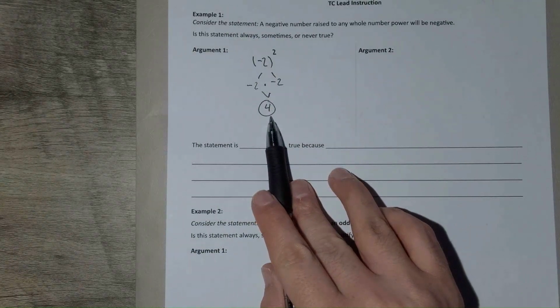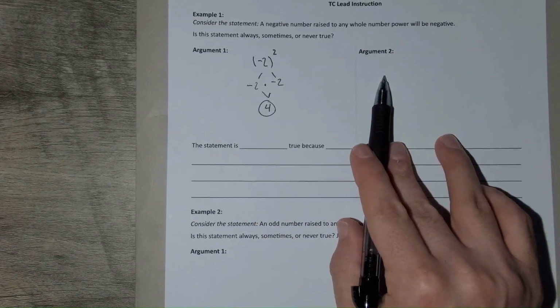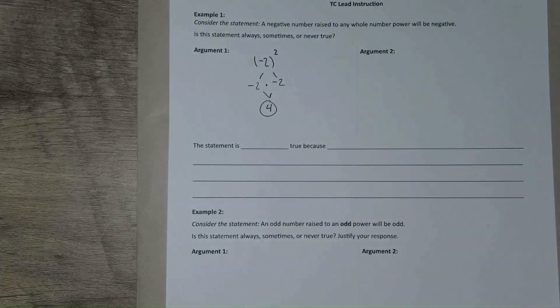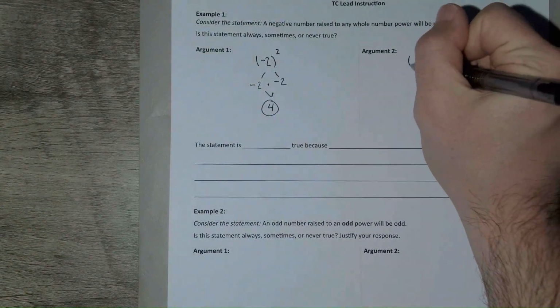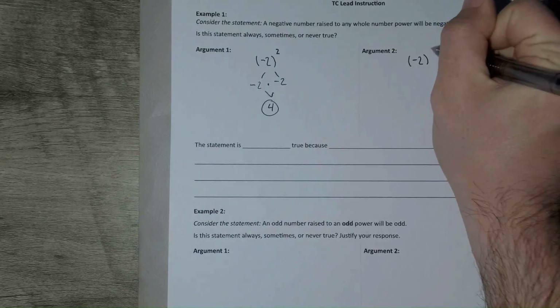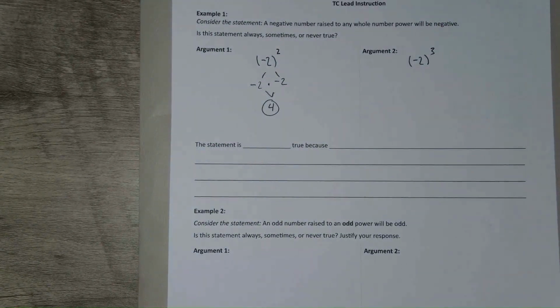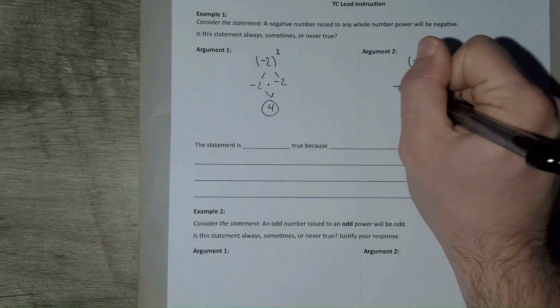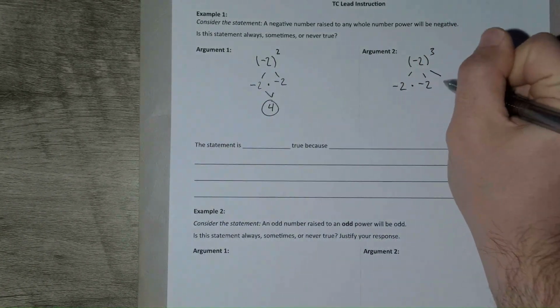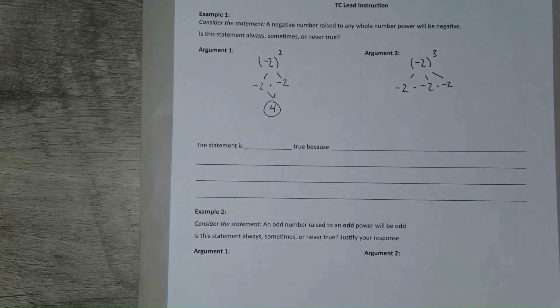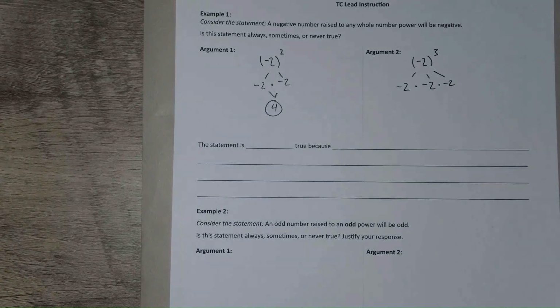All right, well, let's try argument 2. So what number comes after 2? Well, 3, correct? And so let's try -2 to the third power. And so this would be -2 times -2 times -2. Remember, your power just tells you how many times your number or term is multiplying itself.